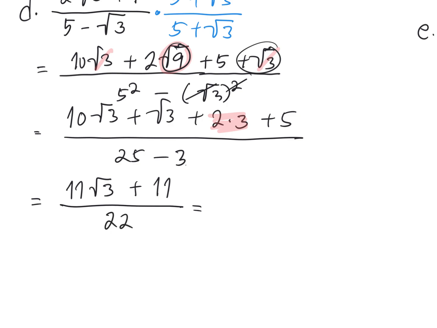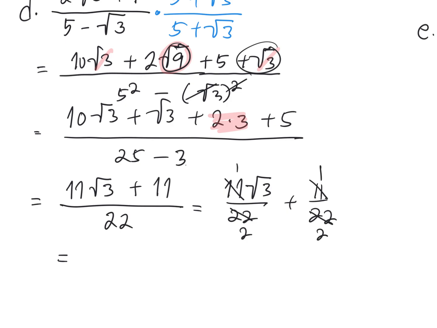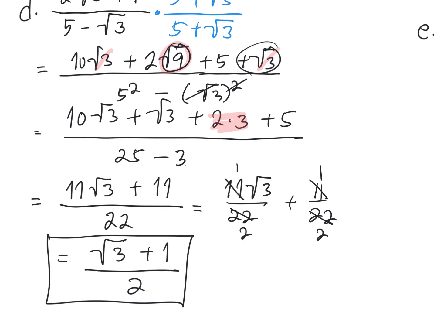Let me break it out again, just as I did earlier: 11 root 3 over 22, plus 11 over 22. Here this is 1 and this is 2, so the denominator is 2. The answer here is root 3 plus 1 over 2. This is our final answer.